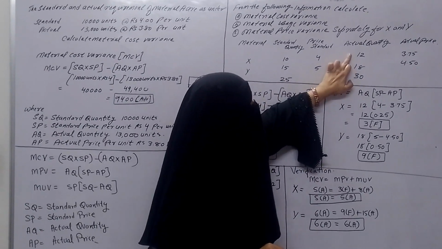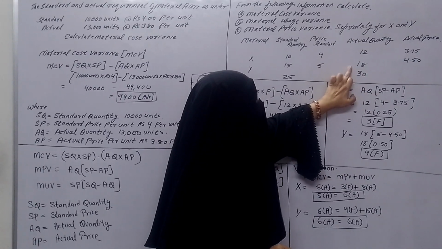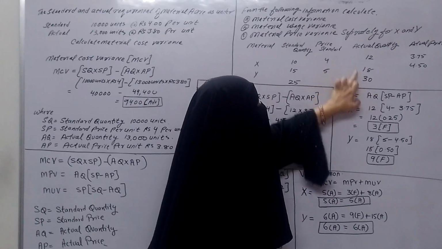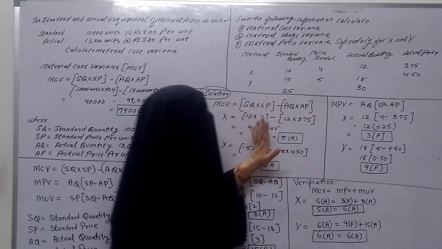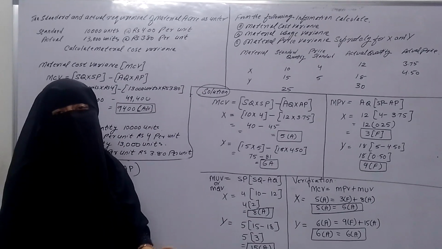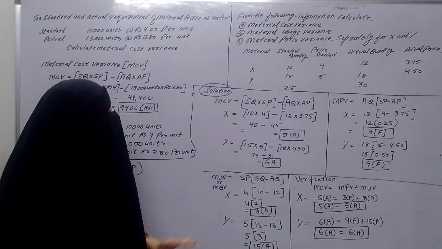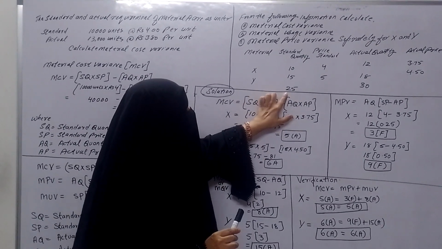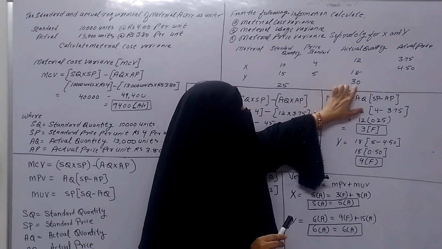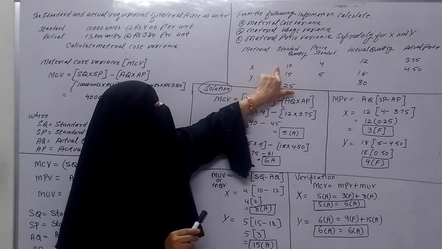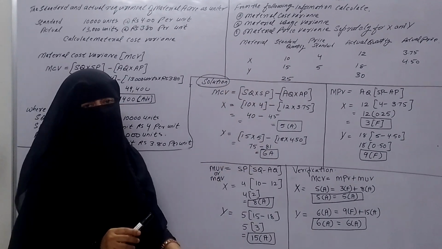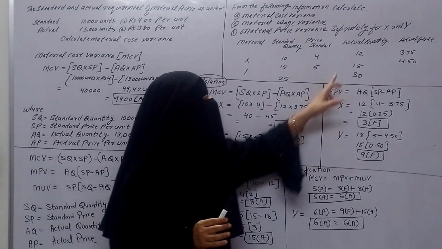Actual quantity for X is 12 and for Y is 18, and the total is 30. Since he is asking to calculate separately for material X and Y, there is no need to consider the total standard quantity and total actual quantity. We have to take separate standard quantity for X and Y, and separate actual quantity for X and Y.